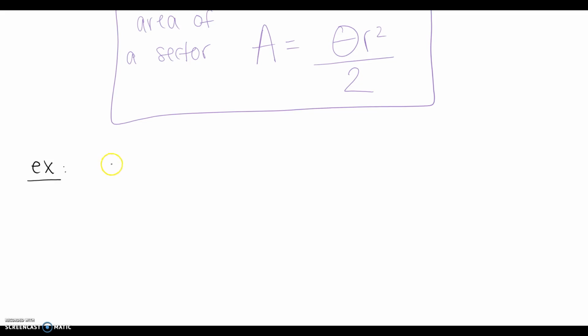Find the area of a sector, if we know that theta is equal to 50 degrees and the radius is equal to 6 meters. So we can just use this formula. Before we use the formula, this needs to be in radians.